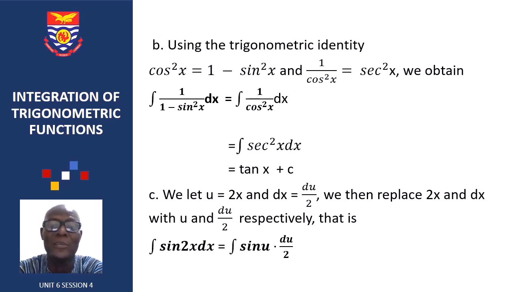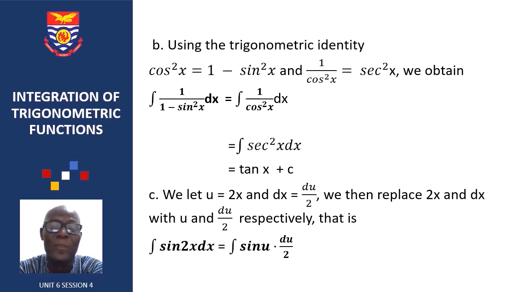That is the integral of sec squared x dx. But in differentiation, you saw that when tan is differentiated, we have sec squared. And since integration is the reverse of differentiation, when we integrate sec squared x dx, it gives tan x plus c.